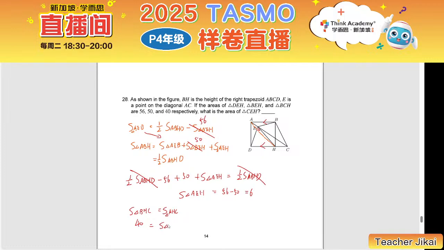AHC is a triangle AEH plus a triangle CEH. And we know this part is 6. So of course we know triangle CEH is 40 minus 6, which will give you 34 here. Alright, so the answer here is 34.